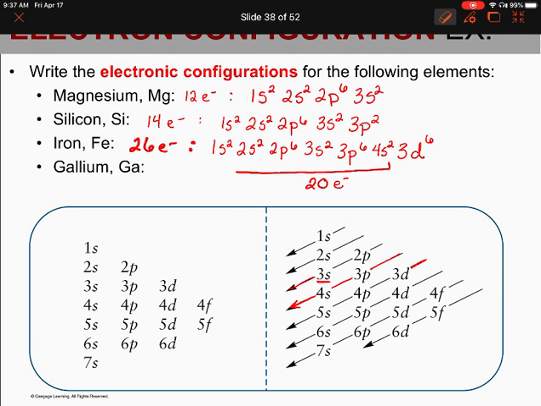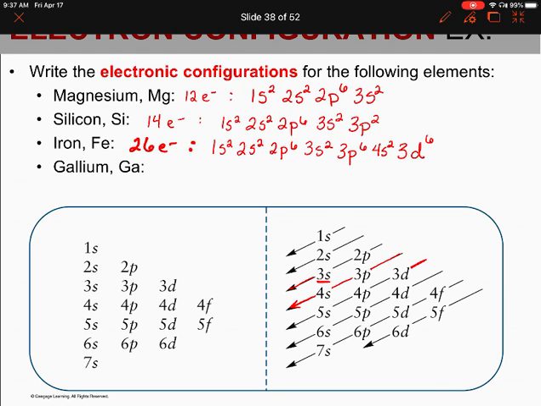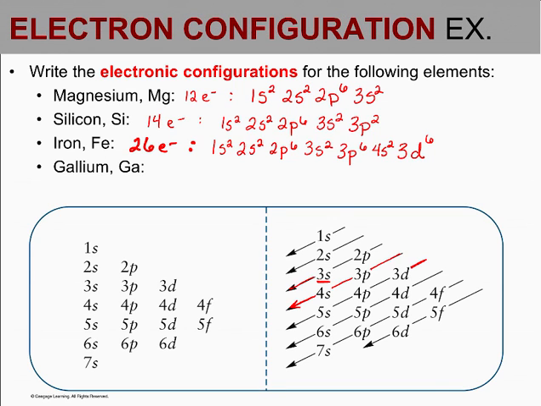All right, so let me just erase this down here to make some room for gallium. So if we look up gallium on the periodic table, gallium has 31 electrons. So it has 5 more electrons than iron. So that means we're probably going to have a similar electron configuration.